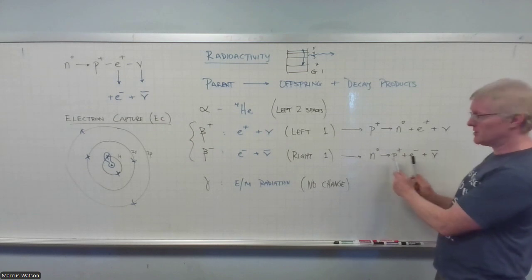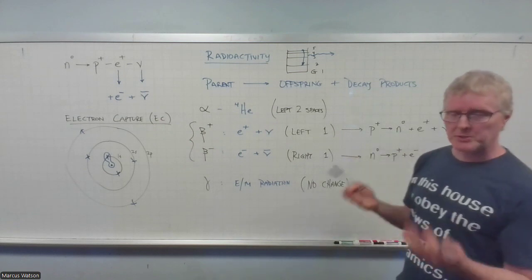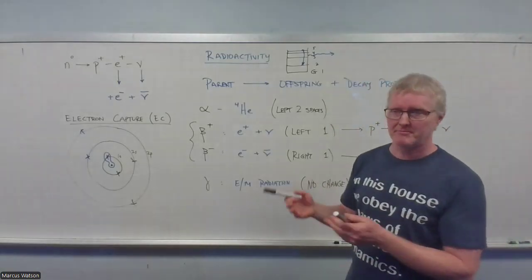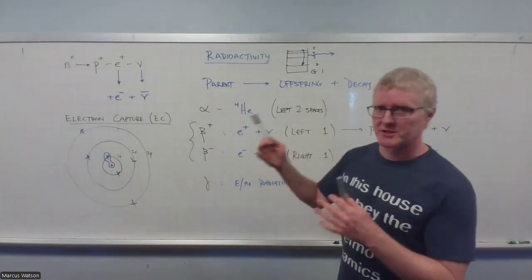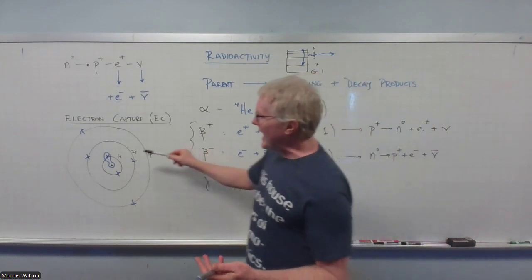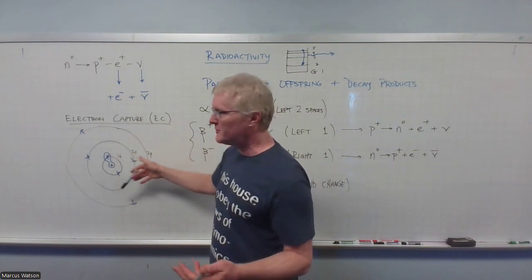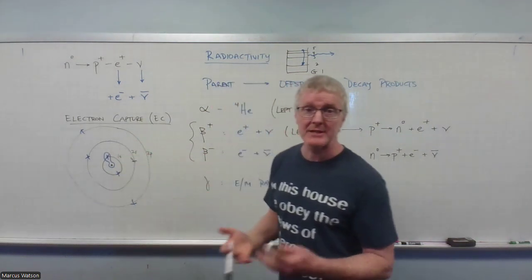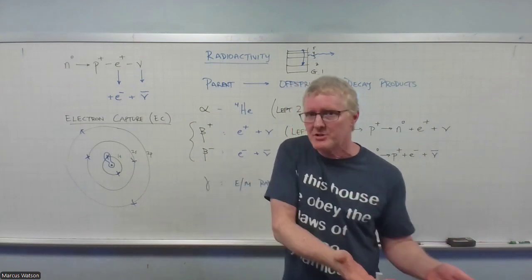The zero charge here is balanced by a plus and a minus on this side. So electric charge is conserved. It is a conserved quantity, just like energy, or energy slash mass, and just like protons plus neutrons, it is a conserved number. So I cannot just suddenly end up with a positive or negative atom here. It has to be charge neutral, because it started charge neutral, so it's got to end charge neutral.